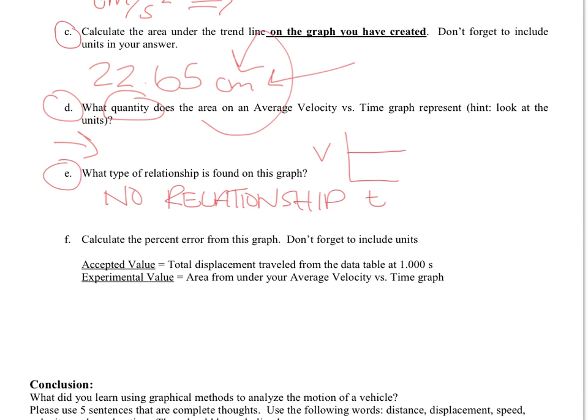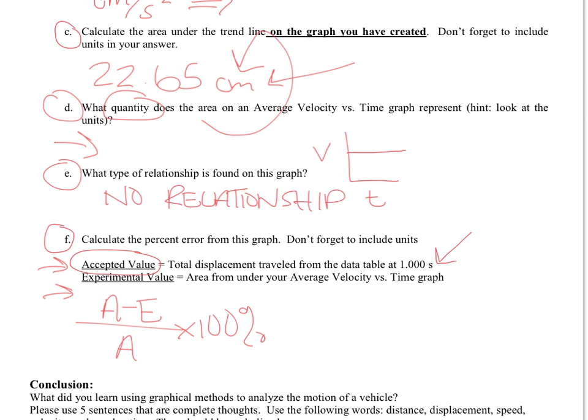And speaking of experimental error, that's why we look at percent error. Now, finding percent error, you have to figure out what is your accepted value and your experimental value. And we know percent error is accepted minus experimental over accepted times 100%. As it states, your accepted value is the total displacement after 1 second from your actual data table.